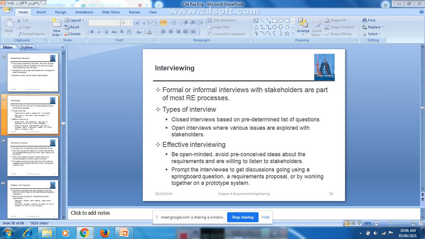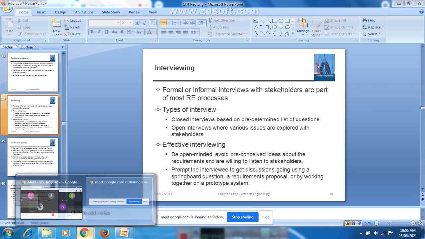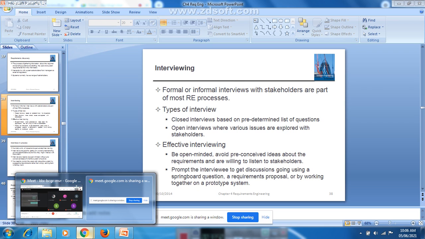Only then is there interactivity between all the stakeholders, so that it is possible for you to gather the information to indicate the user and system requirements. Are you getting, guys? Please respond.